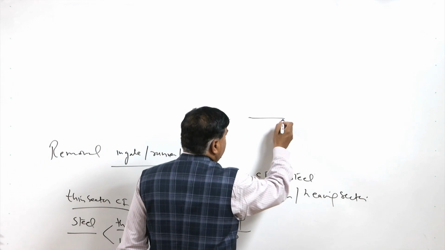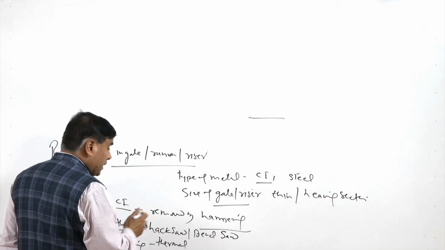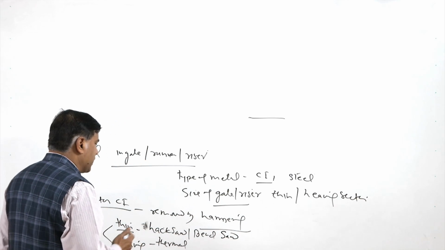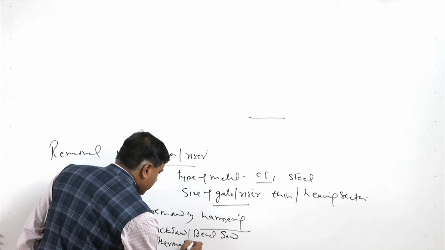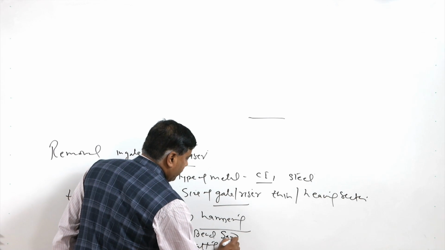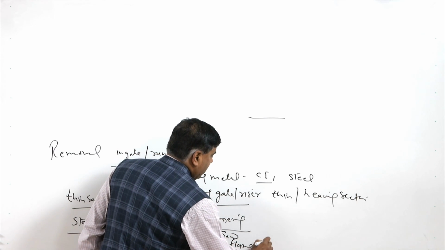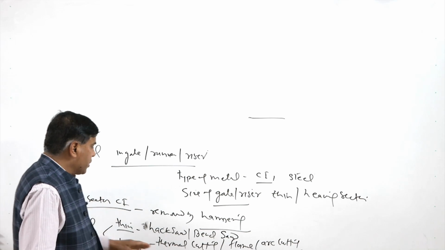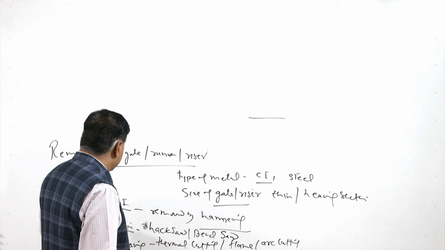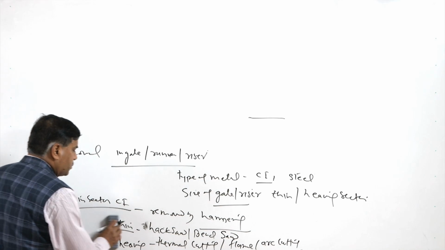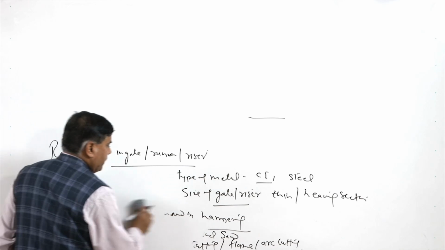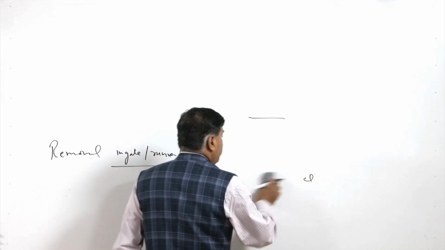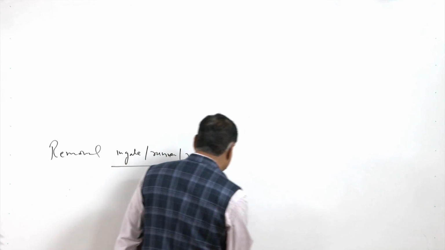Because if the section is really heavy, we need to apply the heat so that either oxygen assisted gas flame cutting or arc cutting can be applied. So thermal cutting methods in the form of flame or arc cutting are applied for the steel castings which are heavy in section, while if they are thin, then hacksaw and the band saw can be used for the cutting purpose. So, these are the approaches which are used for removing the gates and the risers.